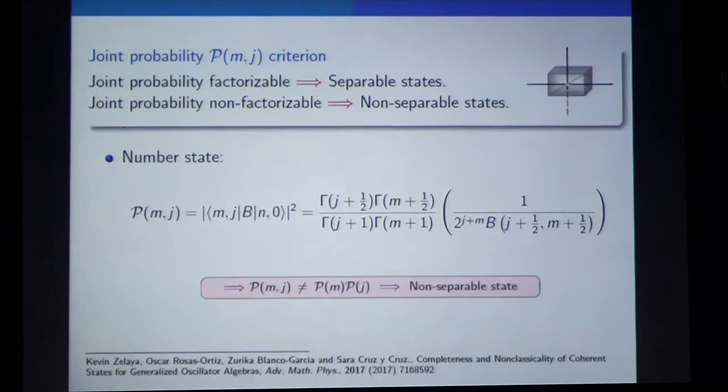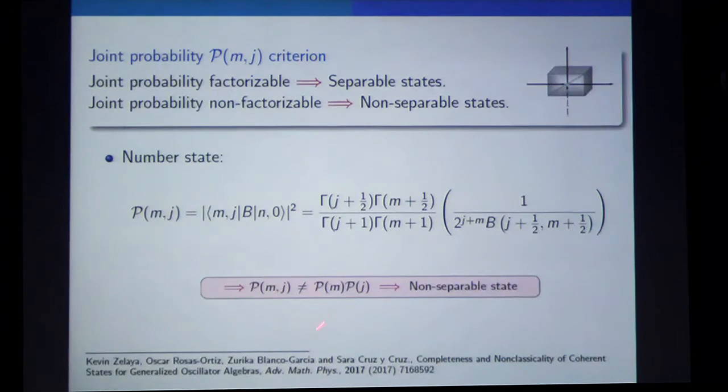For example, let me retake the result of when we inject the number state in the horizontal input. We found this joint probability, which is the beta function, and we cannot separate this function into one that depends only on g and another that depends only on m.